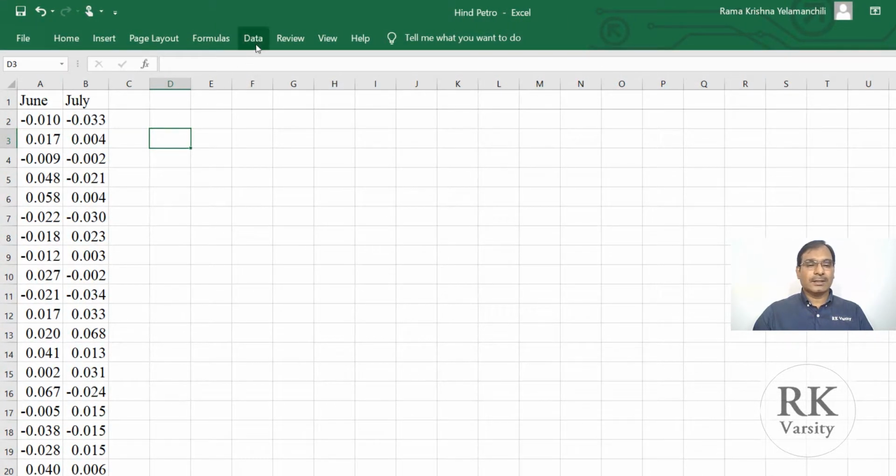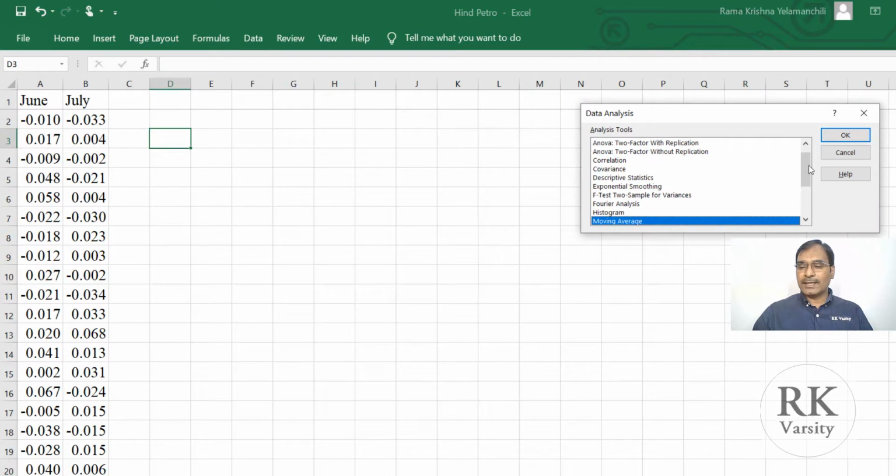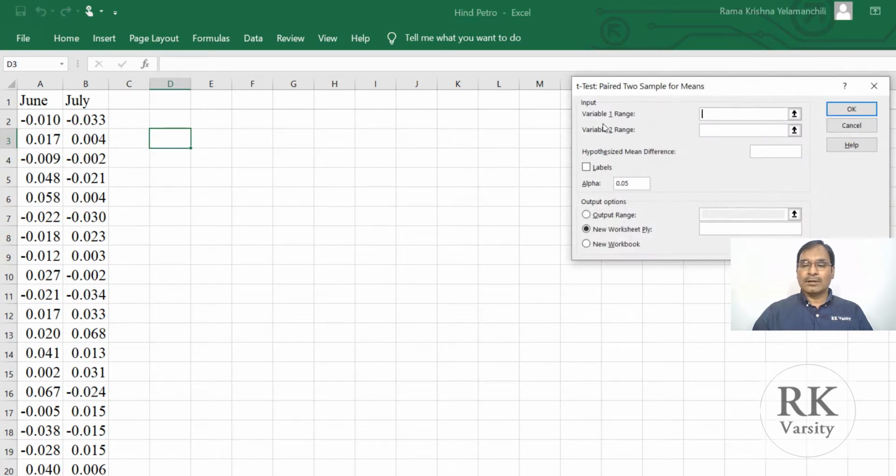For that, click on Data, then click on Data Analysis. Now from the Data Analysis ToolPak, choose t-Test: Paired Two Sample for Means. So select this one, then click OK. Now first is Variable 1 Range.